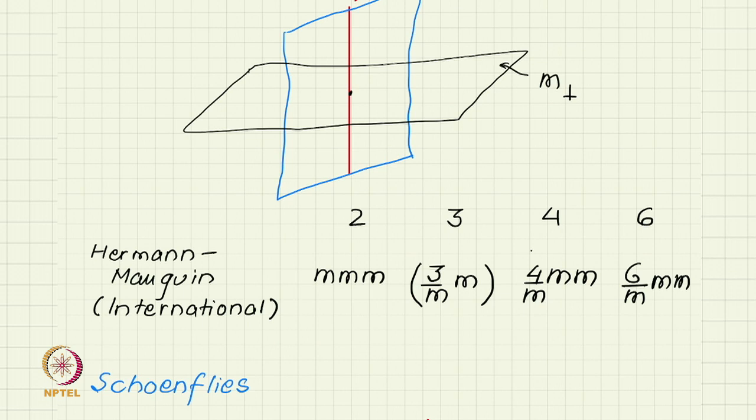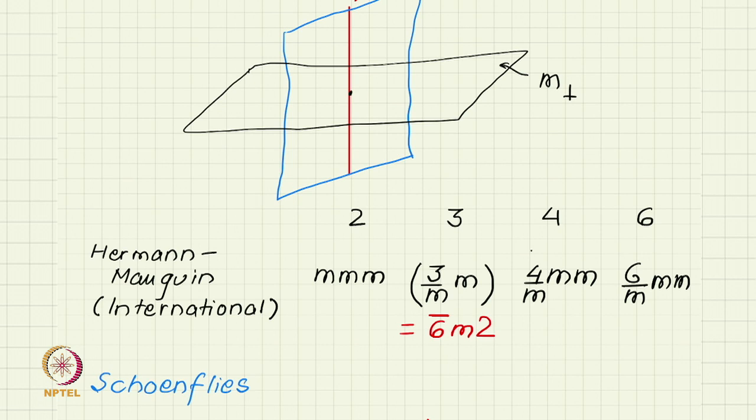Why I said that we are not using this 3 by mm, because we have seen in a previous video that 3 by m actually becomes 6 bar. So, this actually should become 6 bar m, and actually the group which results will be called 6 bar m2, and we will discuss this as a separate case.